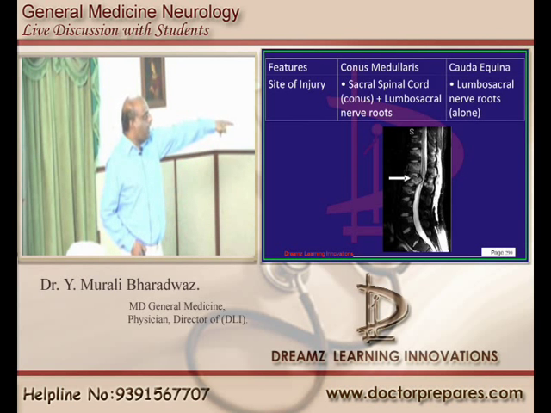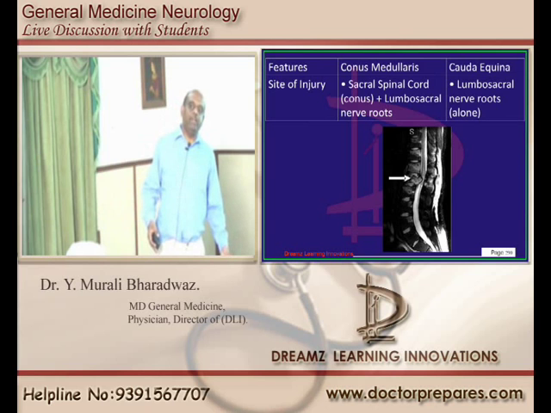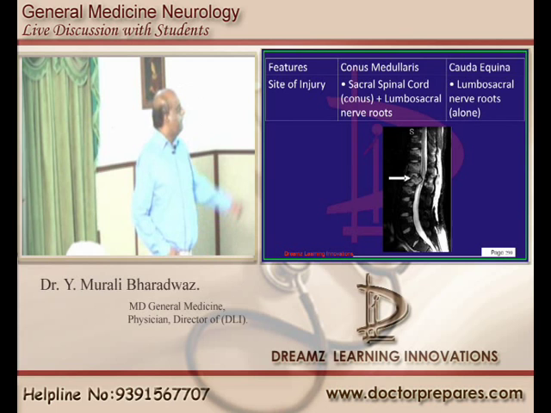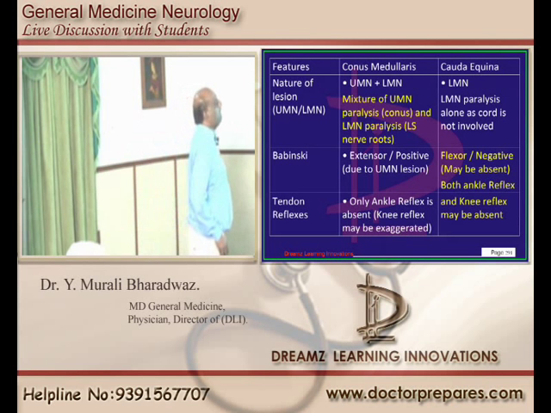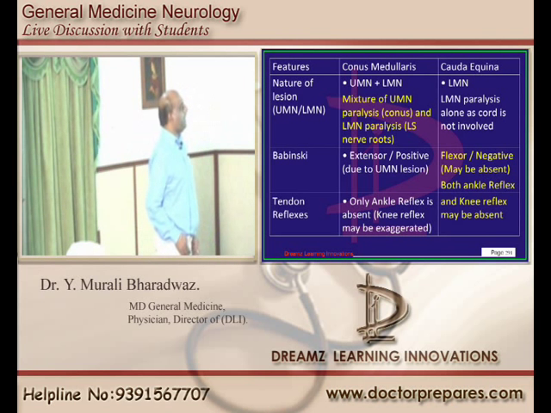Since the spinal cord is involved in conus, is it LMN or UMN? Both. Since anterior horn cells are there, it is LMN, and since the corticospinal pathway is there, it is UMN. You may have both, but in cauda equina you will only have LMN. So UMN plus LMN is what you have in conus, but LMN alone in case of cauda equina.